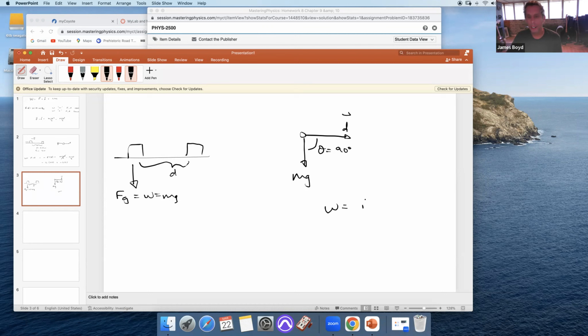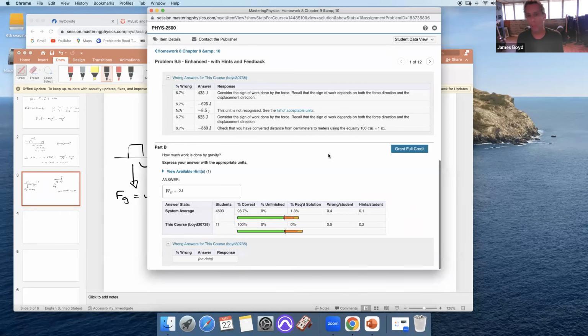The work, again, is F times D times cosine of the angle between them. And cosine of 90 degrees is 0. So gravity can do no work in this case. Gravity does no work in stopping our block as it slides to rest. And that's why it's 0.